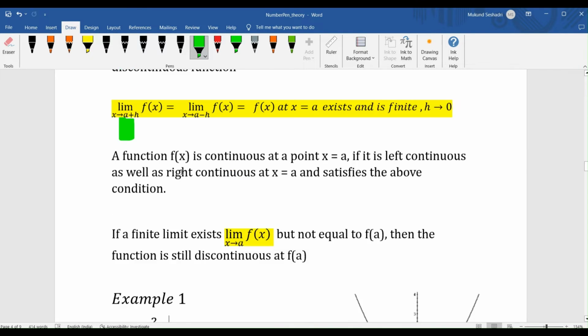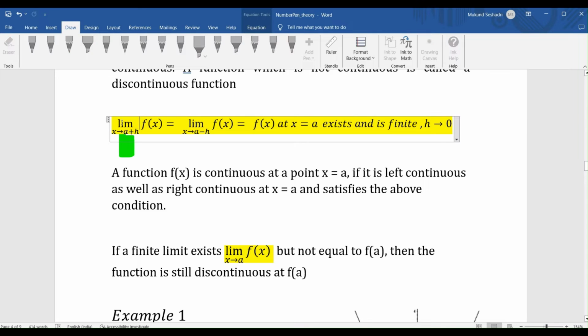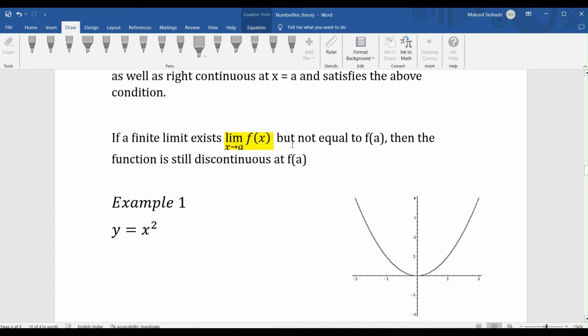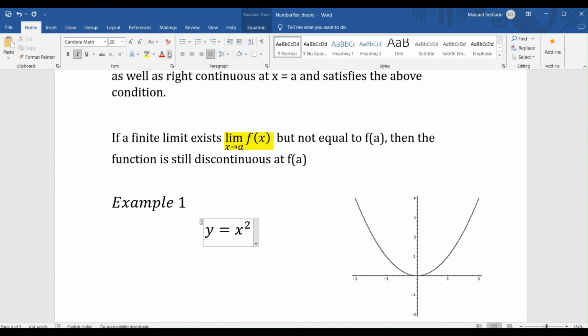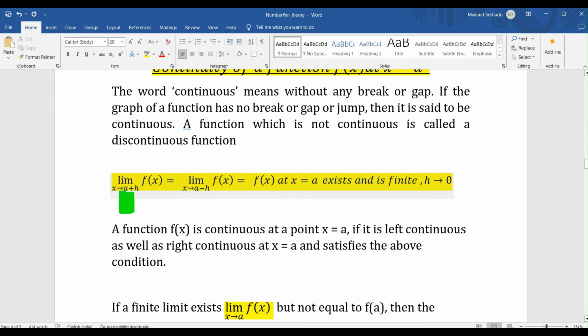And let's apply this equation here again. Now, for applying this equation, we need to choose a particular point A. Now, let me choose a particular point, say 1. I want to understand if this graph is continuous at the point 1. So let me write this down again here.